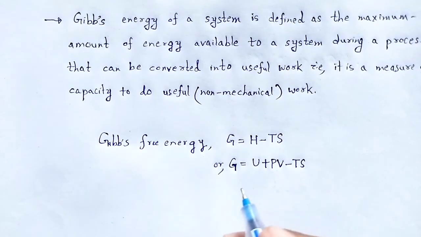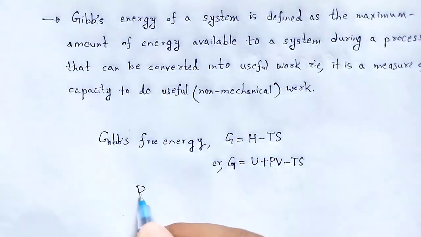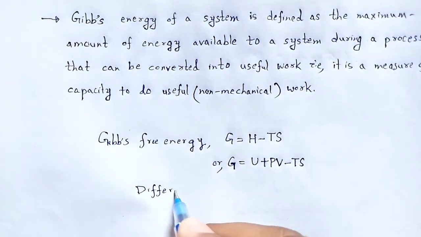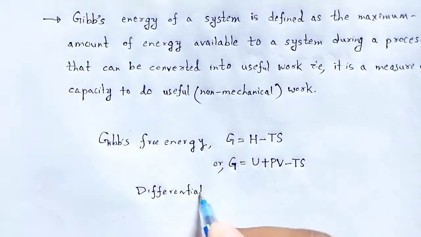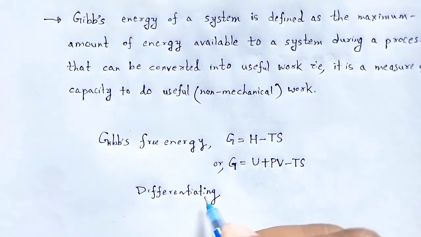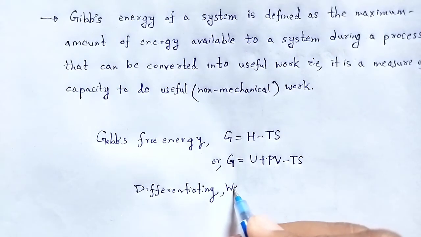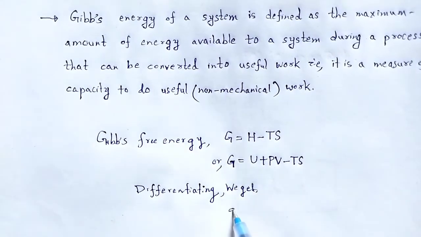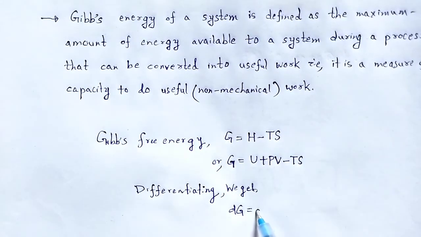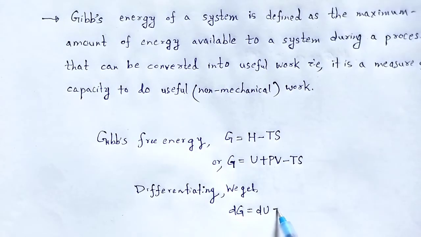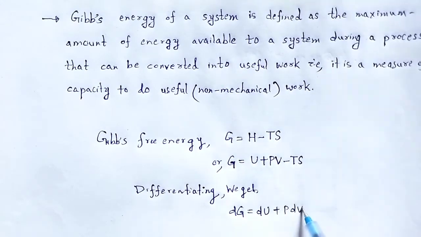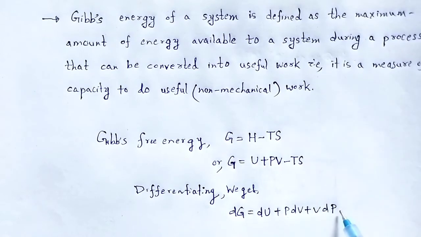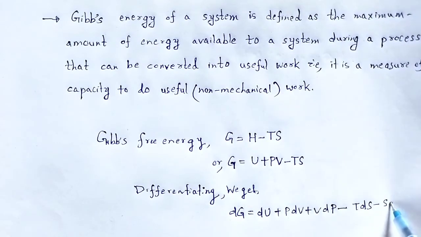Now differentiating both sides, what we get is dG is equal to dU plus P dV plus V dP minus T dS minus S dT.